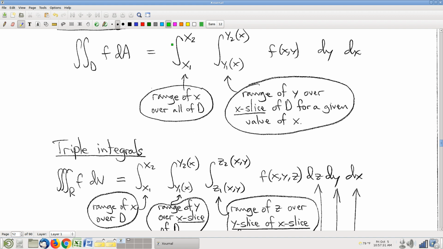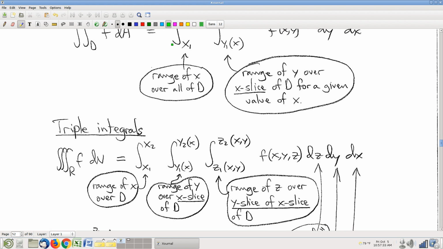So here's the idea. You have a triple integral. The outside integral, the range of values comes from looking at the entire domain. We're going to look at the entire domain and ask what's the smallest value of x, what's the largest value of x. Having done that, we're going to fix a value of x, and we're going to look on that x slice, and only on that x slice.